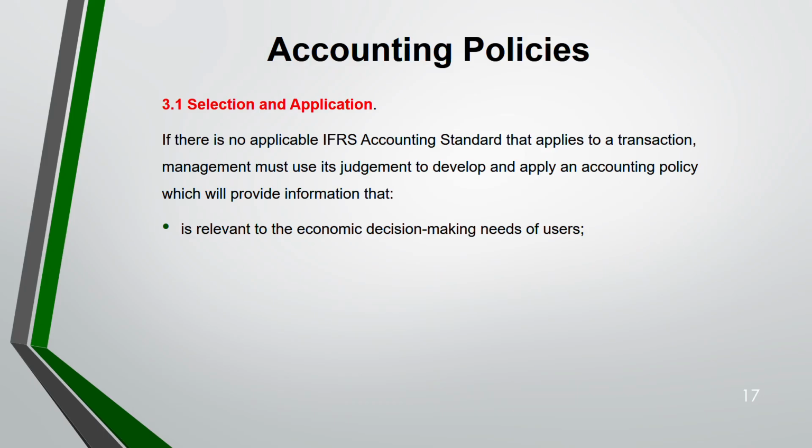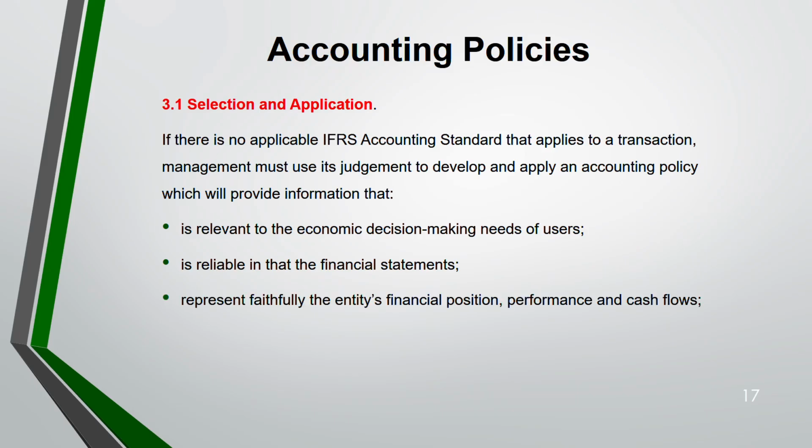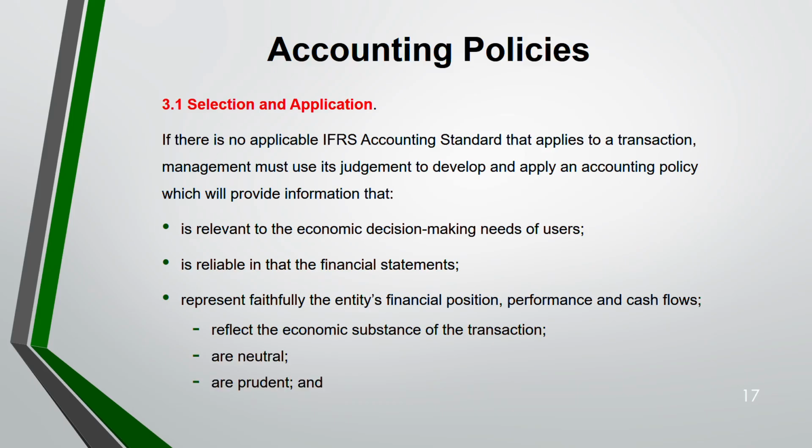No, you have to think of the users. It has to be relevant for them. Next, it has to be reliable. Next, it has to faithfully represent the entity's financial position, performance, cash flow. Reflect the economic substance. Has to be neutral, prudent, and complete in all material aspects. You have to choose an accounting policy like this, taking all these qualities into picture.